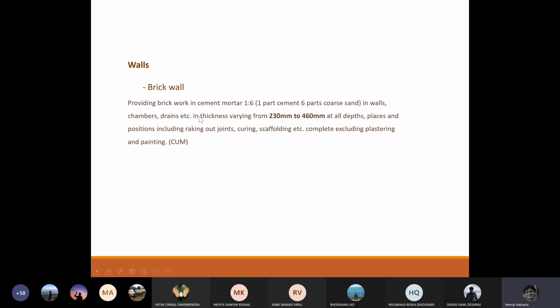And then the thickness, which you have to specify. Don't just copy this as is. You have to mention what size of brick wall you're using: 230 thick, 450 thick, 300 thick, at all depths, places and positions, including.